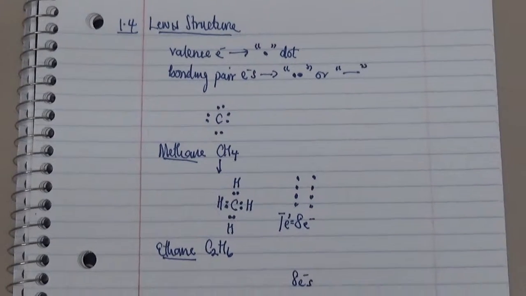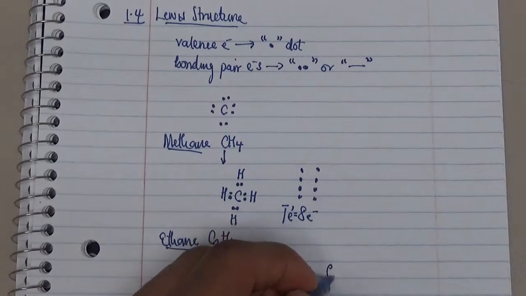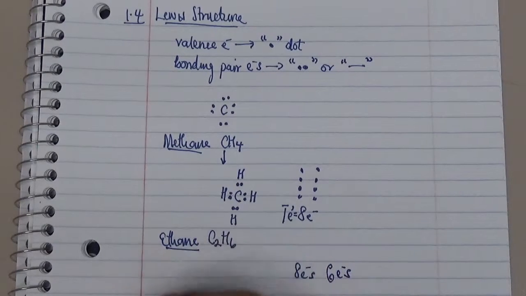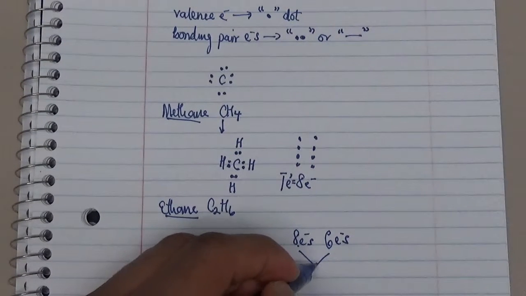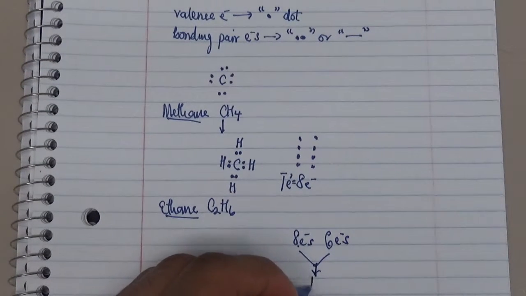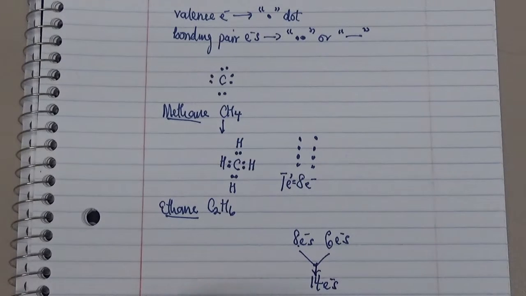For hydrogen, we have 6 hydrogens, and each hydrogen has 1 electron: 6 times 1, 6 electrons. Now 8 plus 6 gives us a total of 14 valence electrons, and these valence electrons need to be shared in this whole molecule.